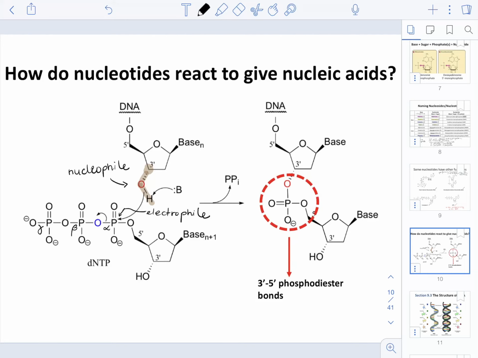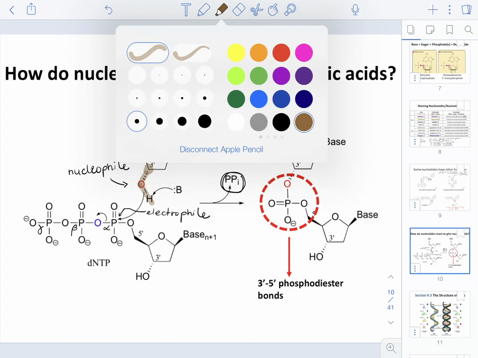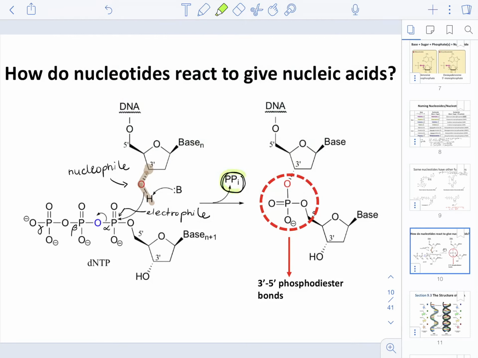Once we have that 3' hydroxyl attack that 5' phosphate, then what we're going to see is generated inorganic phosphate, which I'm going to highlight in neon green, and which represents these two groups that are leaving the system.